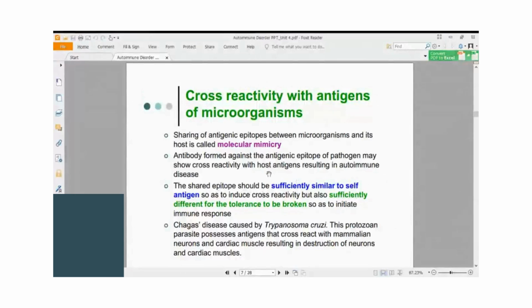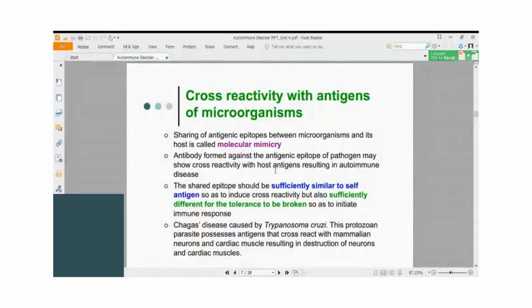Okay. So some epitopes of those pathogens, due to evolutionary connection, pathogen associated molecular patterns, PAMPs, will initiate the antibody production against those PAMPs.